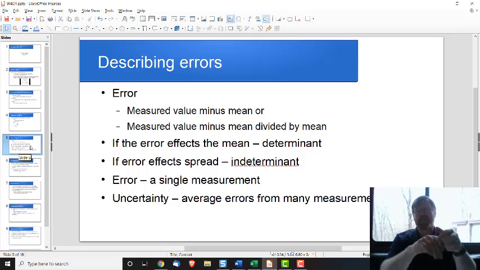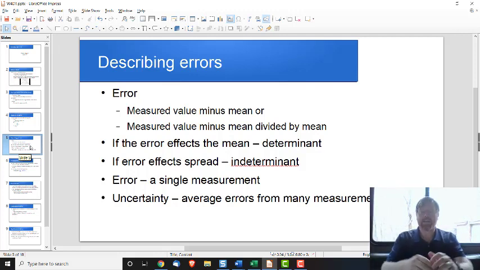If the error is something that affects the mean, it's a determinate error. If it affects the width of the data, it's an indeterminate error. In terms of measurements, if what we're doing affects where that mean is, it's a determinate error.